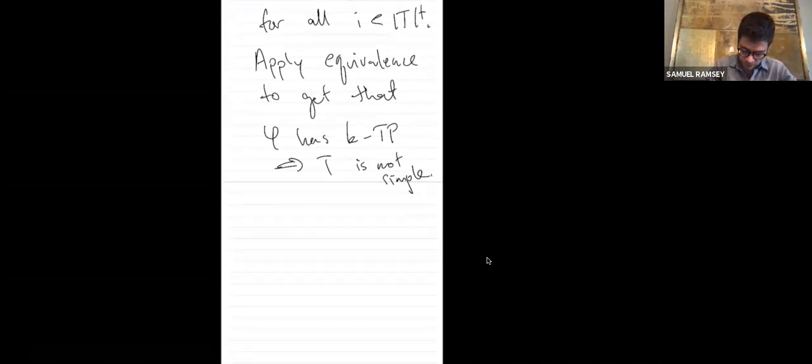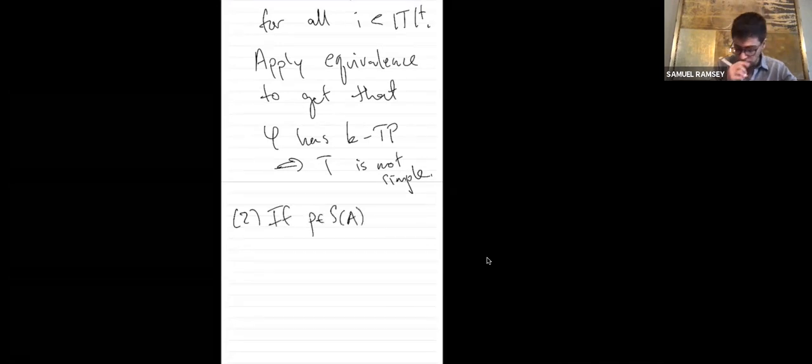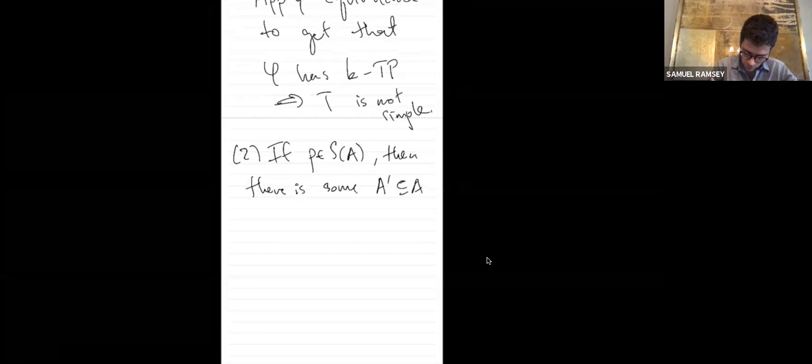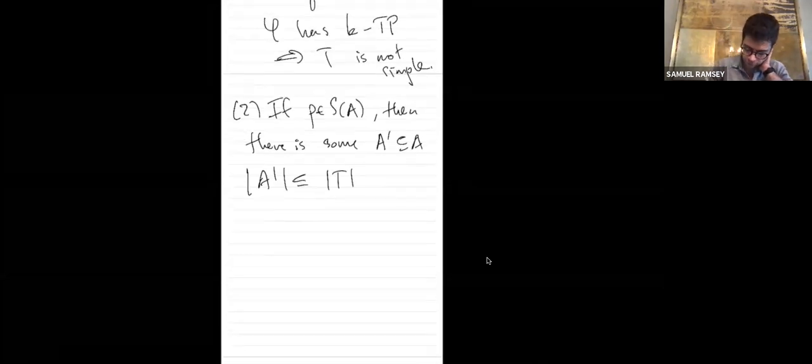Now, consequence number 2 is, if p is a type over some set A, then there is some A prime, which is a subset of A, such that A prime is no bigger than t, and p does not divide over A prime.